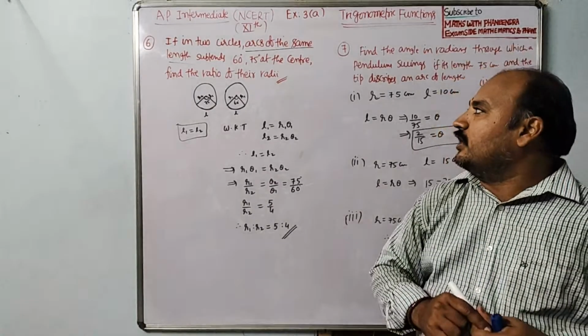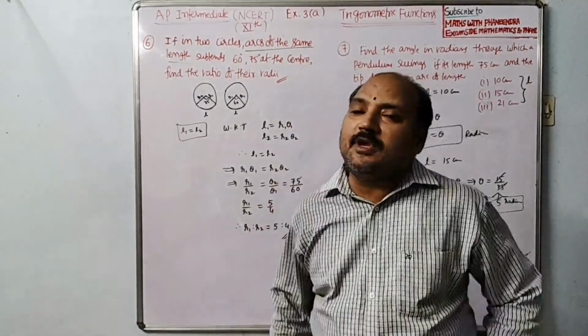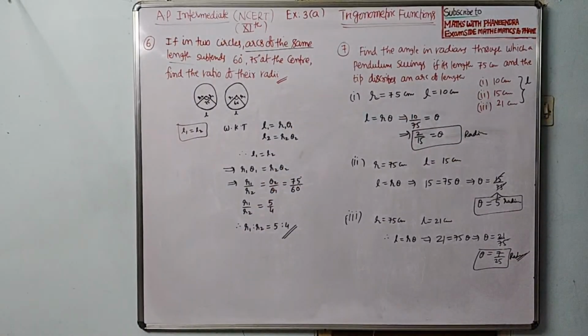This is the way we can do it, students. The first exercise completed in AP intermediate. Whenever it is fixed, that is called the radius. The rest of them is length of arc. Just now we concluded that. Otherwise, the meaning will be different, dear students.